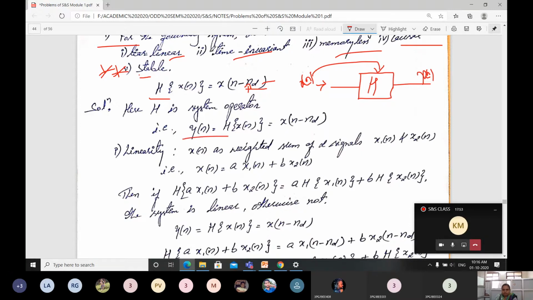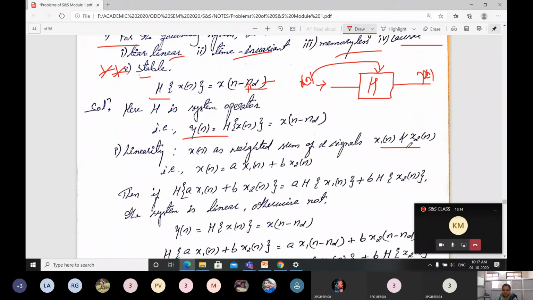Then the given function is going to be delayed by some interval, that is x of n minus nd. First we will check for linearity. Linearity means x of n as a weighted sum of two signals, x1 of n and x2 of n.